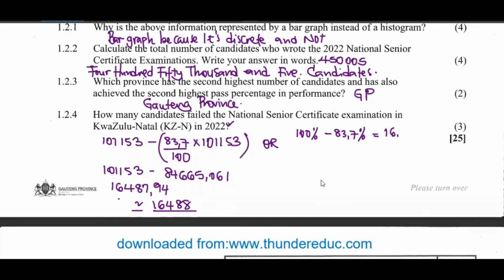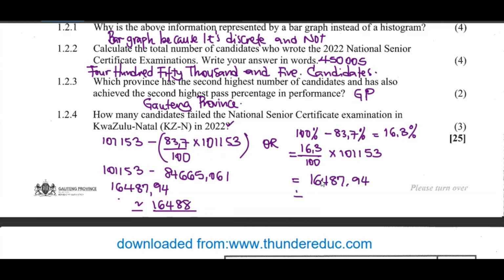So 16.3% failed. It's 16.3 over 100 times the number of learners, and you'll get the answer as 16,487.94.